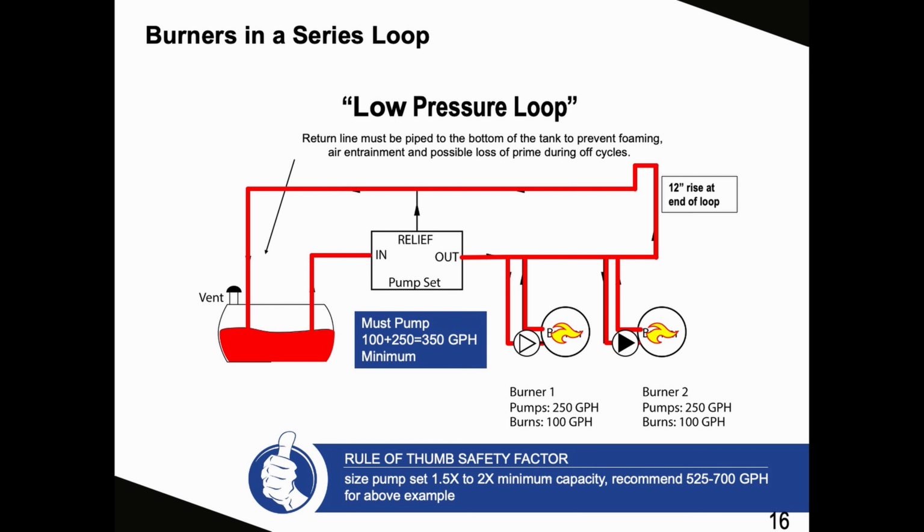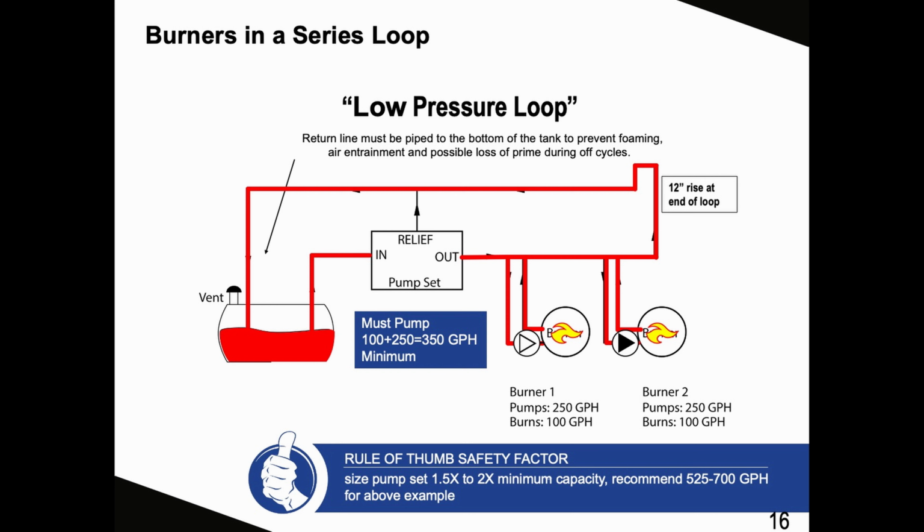And then just a quick mention about the piping. We highly recommend putting an inverted U at the very end of the boiler loop before you come back to the tank to ensure that all the air gets out of the fuel oil line and is pushed back to the tank, where it will be vented to atmosphere.